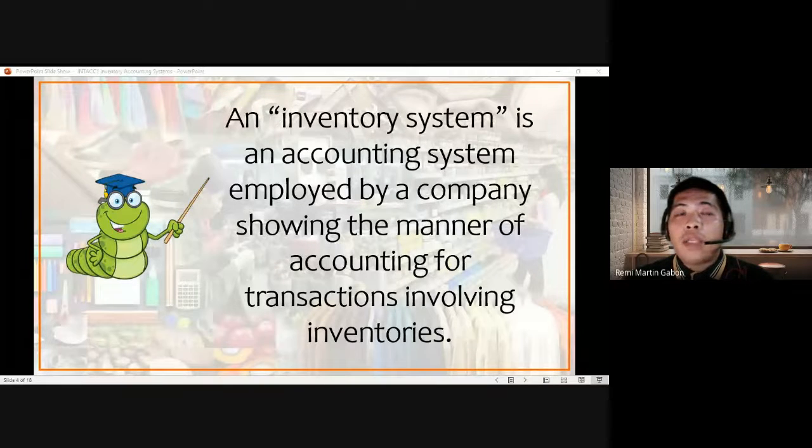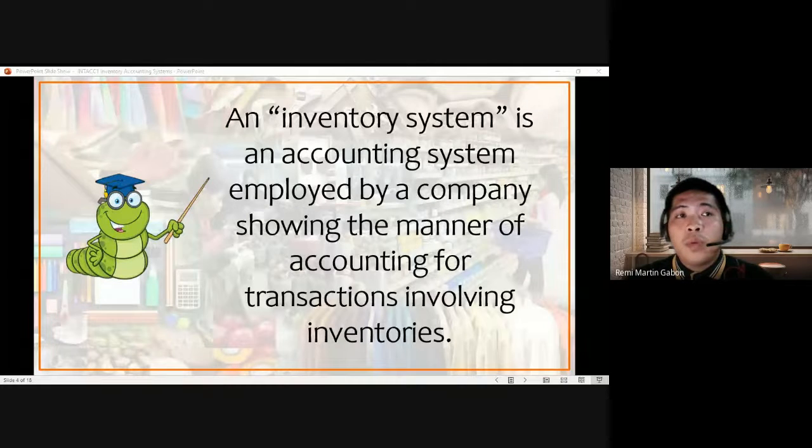By the way, of all the assets that a company may own, only the inventories will generally use the account purchases. No other asset except inventories. For example, if we purchase land or building, we do not debit purchases.